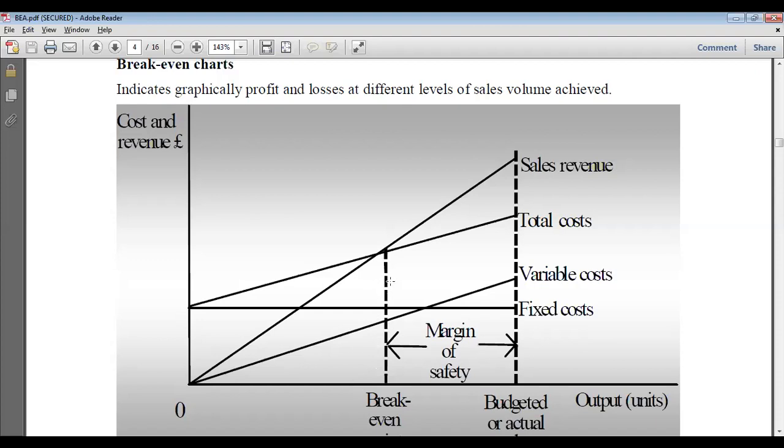At the same time, if we are increasing the number of parts from the break-even point, we will be accruing profits, we will be earning profits. So the region bounded between sales revenue and total cost above it is depicting profit, and this region is called losses.